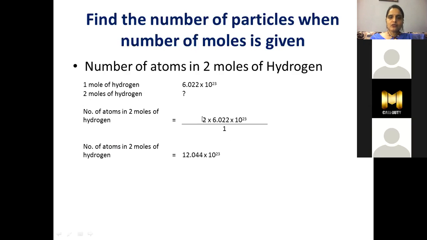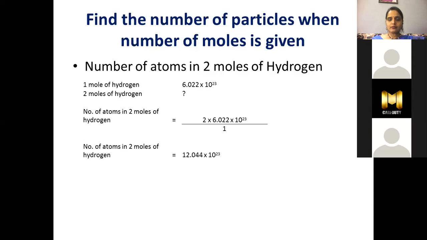Once we carry out the multiplication, 2 into 6.022, the answer obtained is 12.044 into 10 raised to 23. So in case a chemical reaction involves 2 moles of hydrogen, the number of atoms of hydrogen involved in that reaction will be 12.044 multiplied by 10 raised to 23.